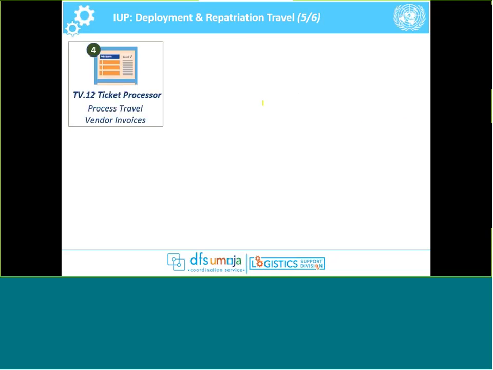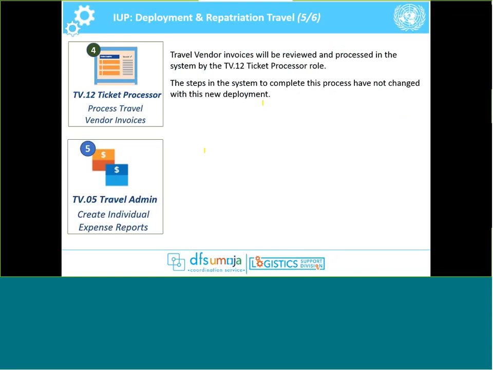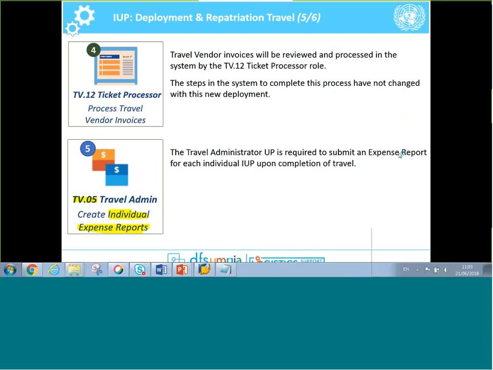All right. So the ticket processor will process the invoices sent by the vendors, and your next role as a travel administrator will be to raise the individual expense reports for each IUP. You will be able to link or create a spend report for each individual.